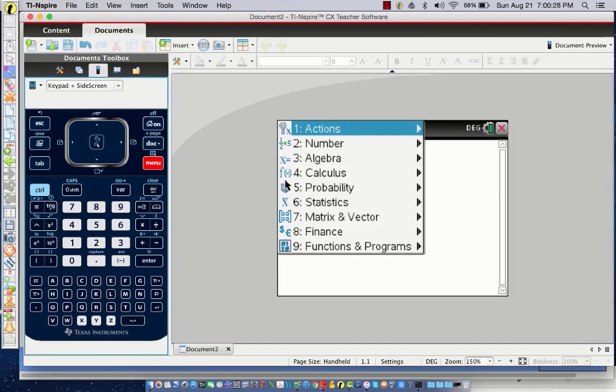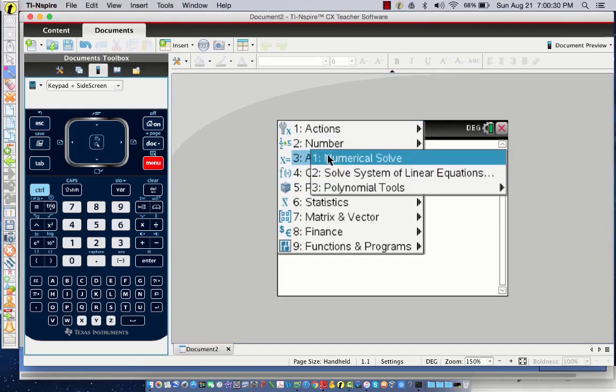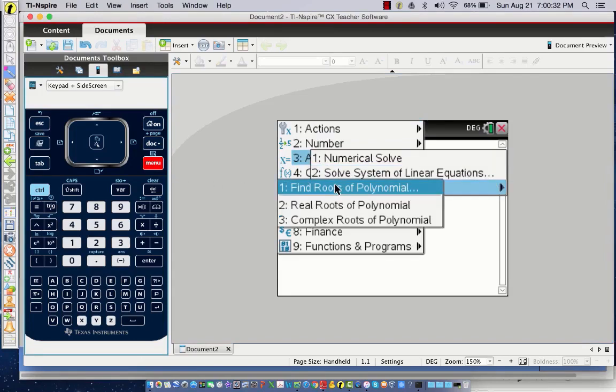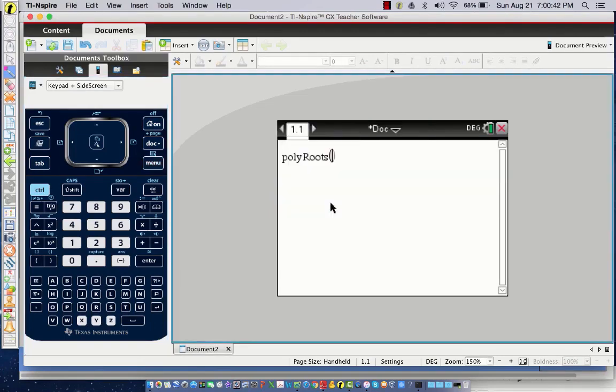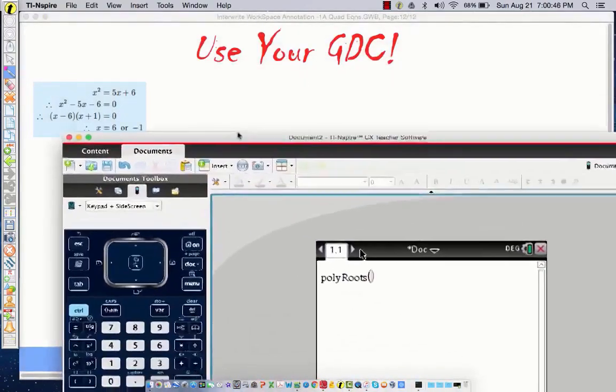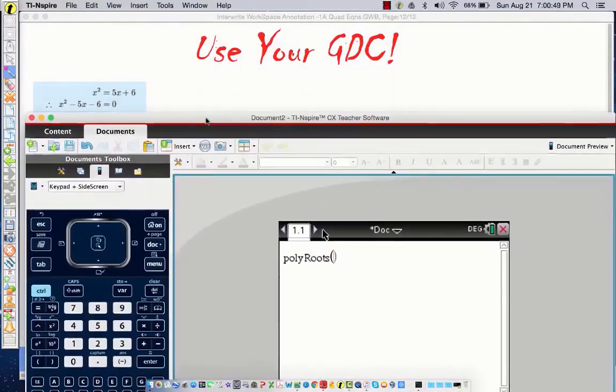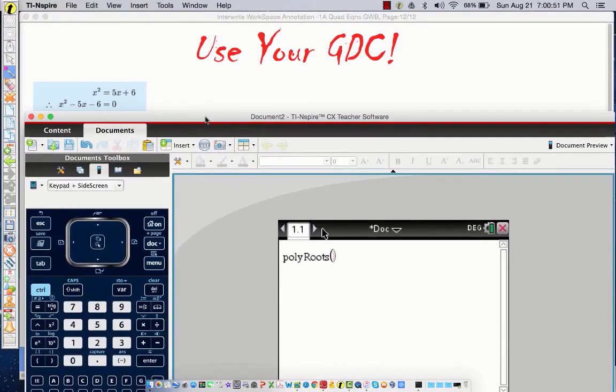Menu. Got some algebra going here. Polynomial tools. And I want to find the real roots. We're in the real number system. We're not in the complex number system. So we're always going to choose real roots of a polynomial. Polyroots. And we're going to solve this one, x squared minus 5x equals 6.